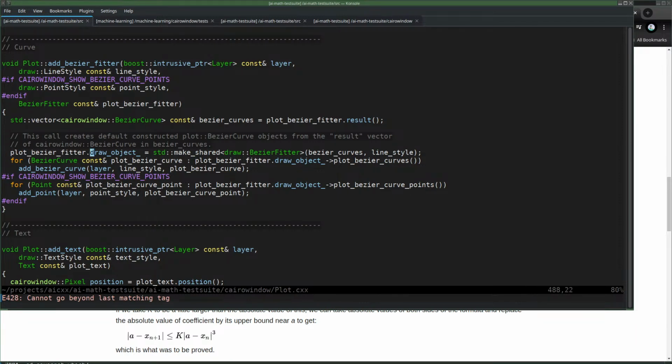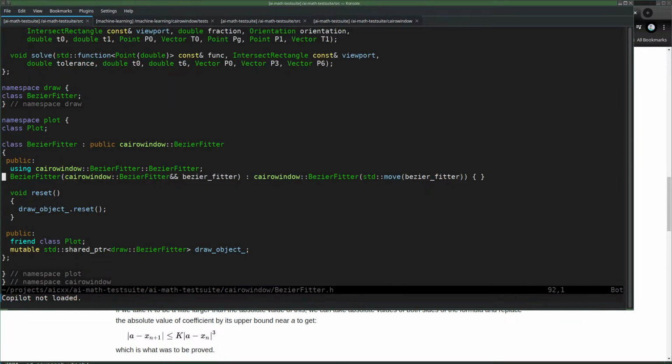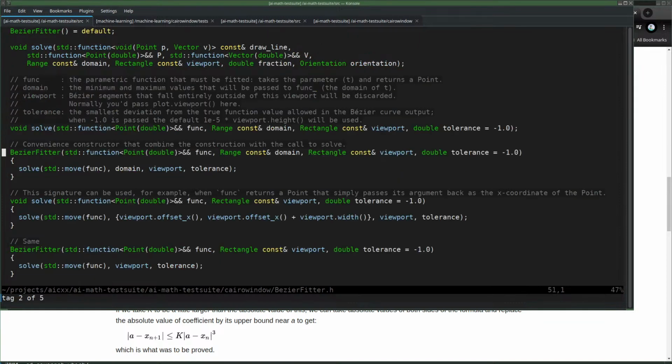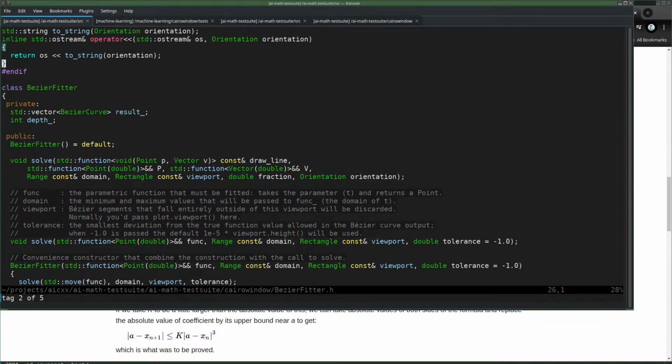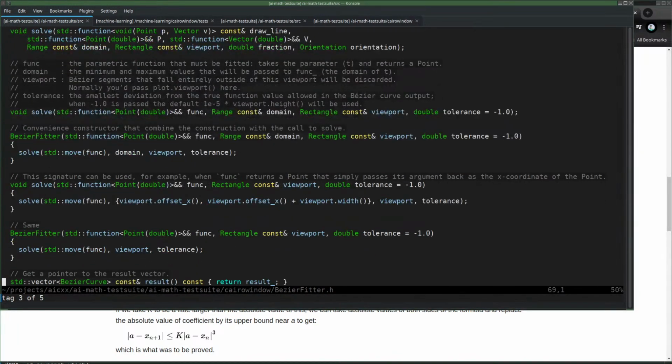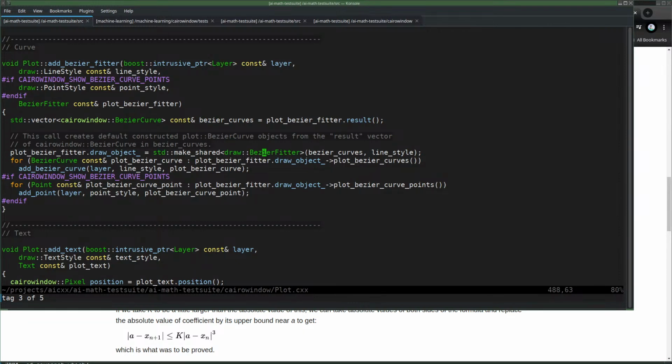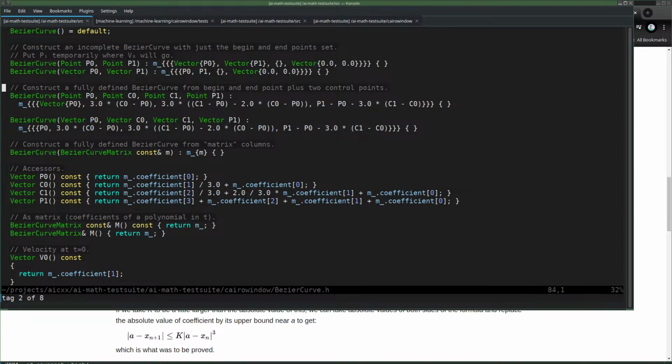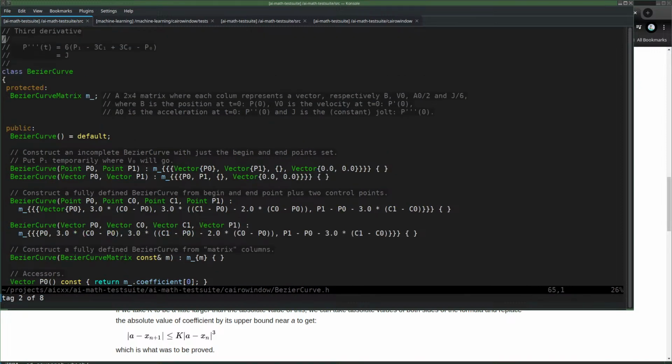See how easy that is to detect. The Bezier curve is just a matrix with a few numbers.